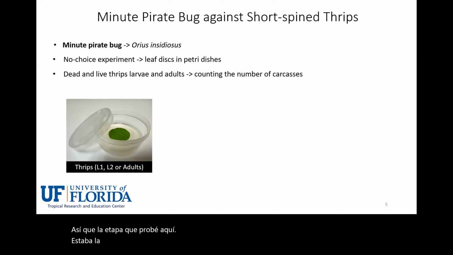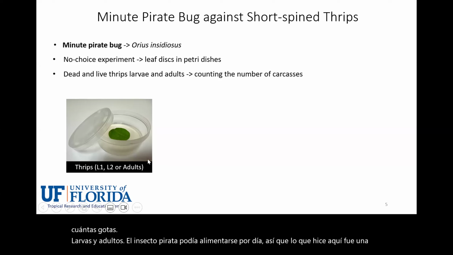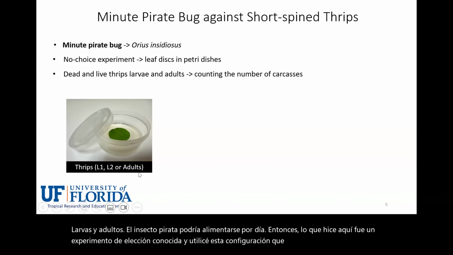I used adult stage females of the pirate bug, and I checked how many thrips, larvae, and adults the pirate bug could feed on per day. What I did here was a non-choice experiment, using this setup that you can see in this photo.